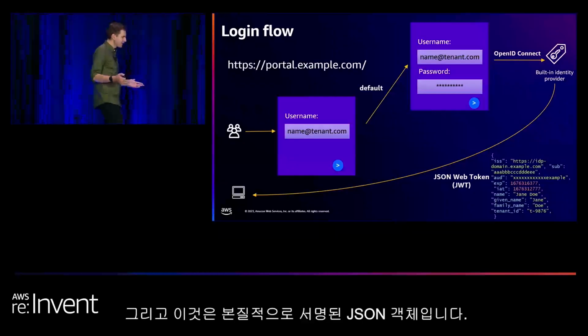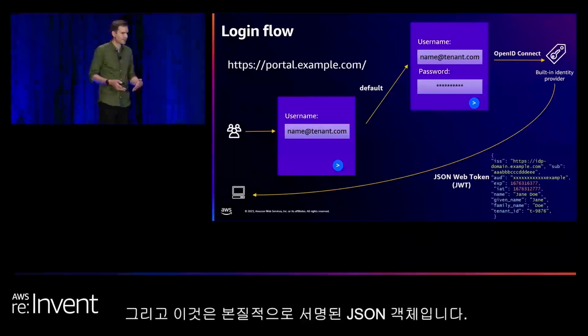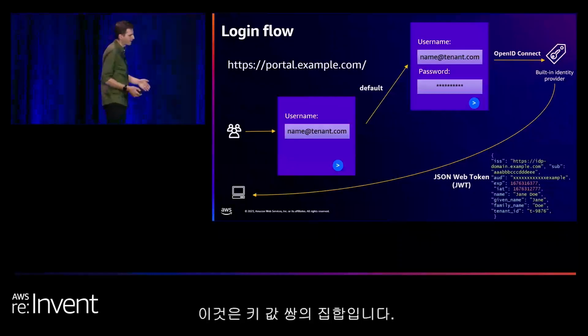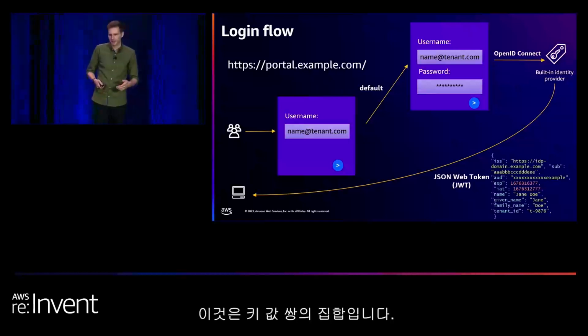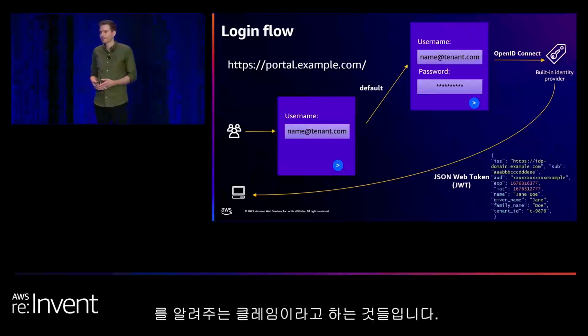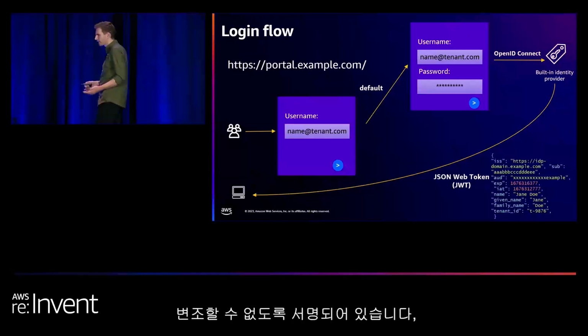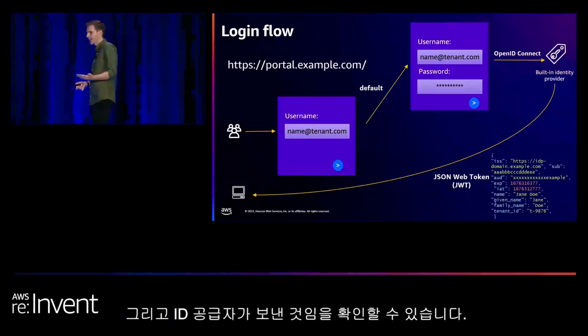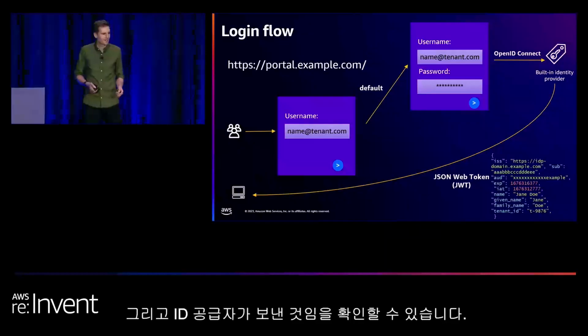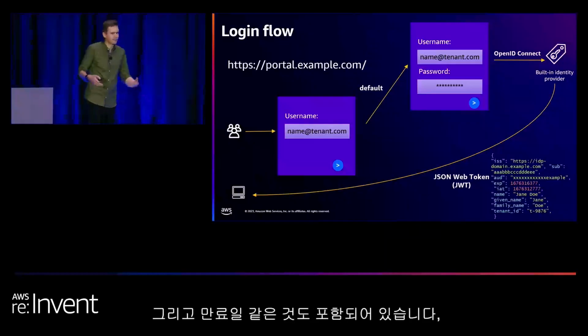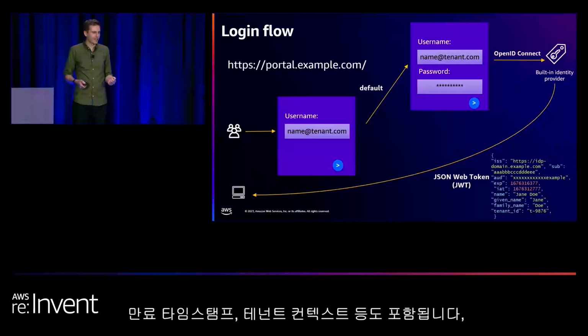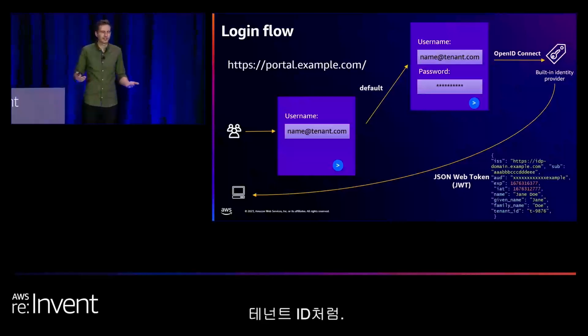And what this is essentially is a signed JSON object. It's a set of key value pairs, which are these things called claims that tells you information about the identity. It's signed so it can't be tampered with, and you can verify that it came from the identity provider. And it also includes things like an expiry timestamp, and tenant context like the tenant ID.